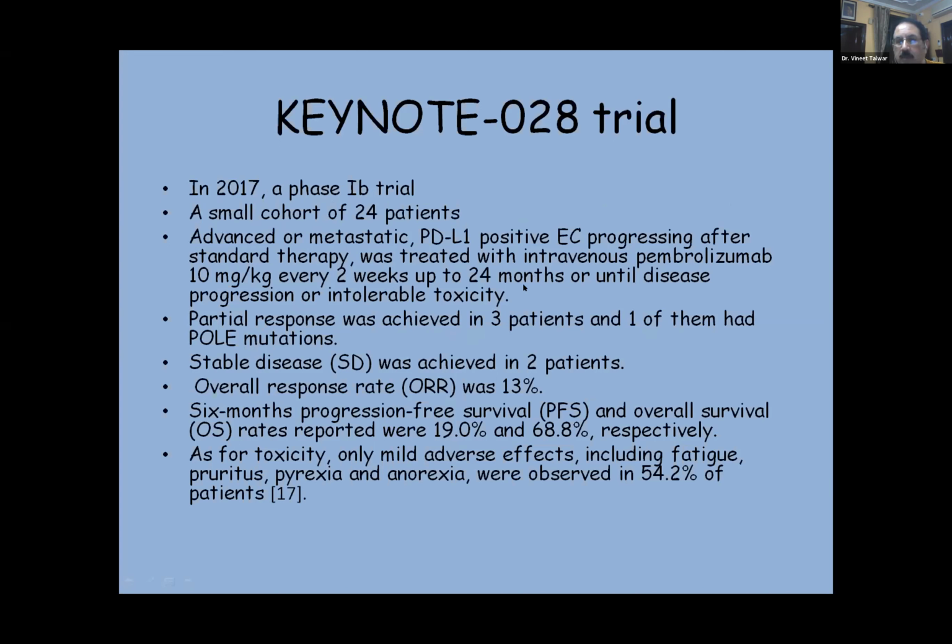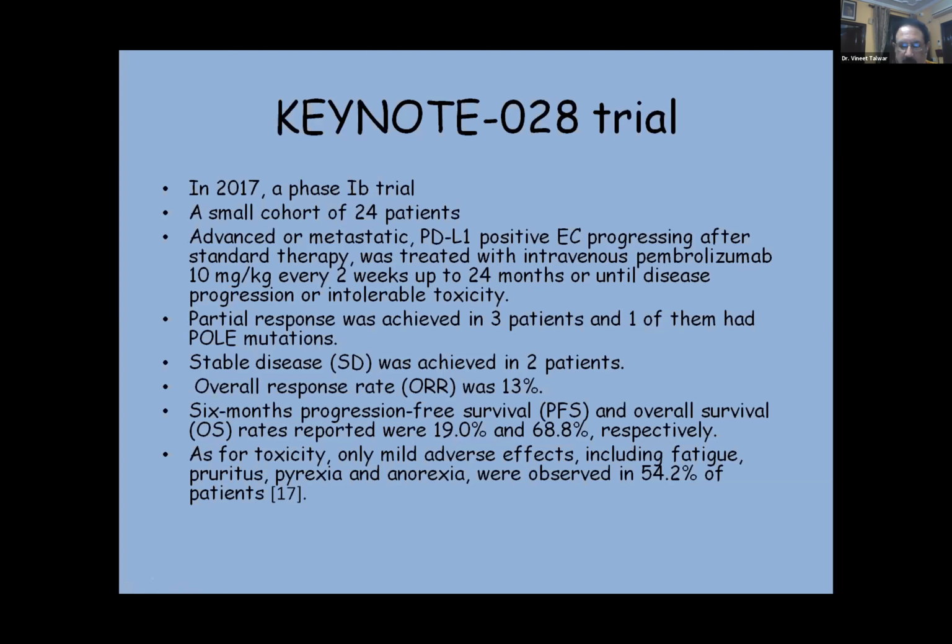And this was irrespective of the MSI or the MMR. And in this, it was seen that it had stable disease in 2 patients, partial responses in 3 patients, with an overall response of 13%. The 6 months progression-free survival was about 19% and overall survival of 68.8%.